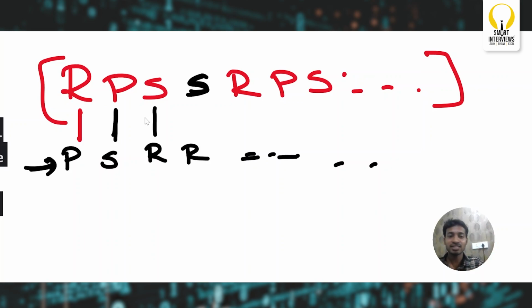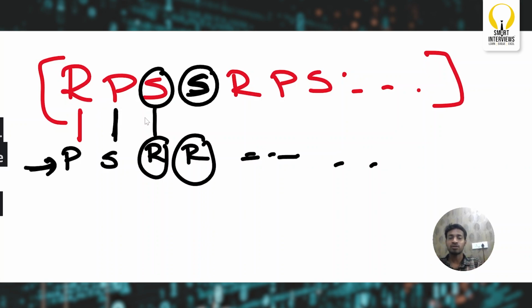Again, if it is scissor, and you want to win, you have to make a move such as rock. So if the previous one is scissor and the current one is scissor, in order to win both the games, you have to make rock and rock. But the thing is, rock and rock is not possible. Rock, paper, rock is possible.